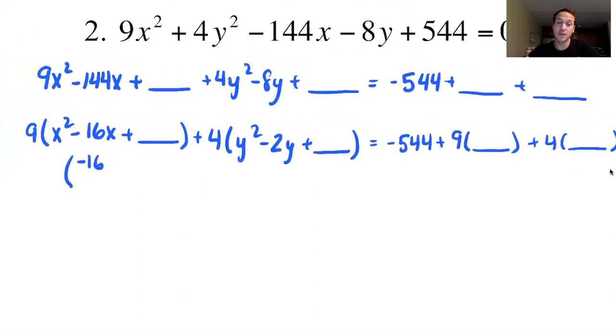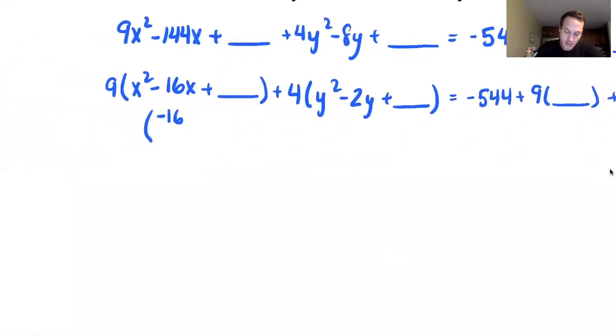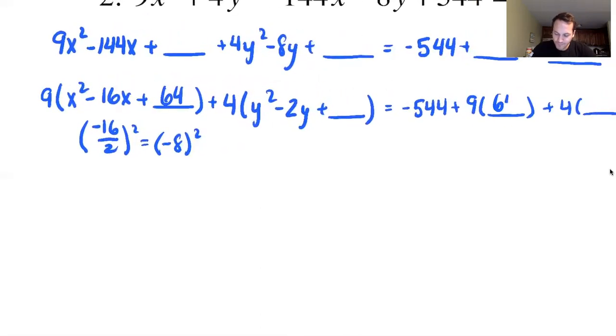But remember, because I can't just do that because I want to, I have to put it back in on the right side. Now I complete the square like normal. I take half of b and fill that in on both sides. I take half of b and fill that in on both sides.